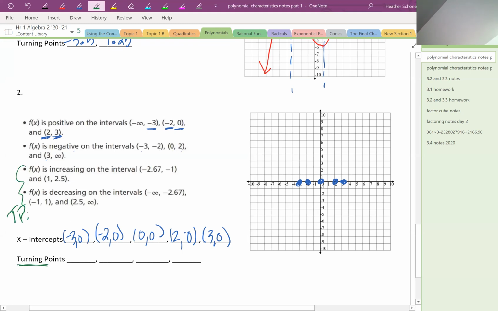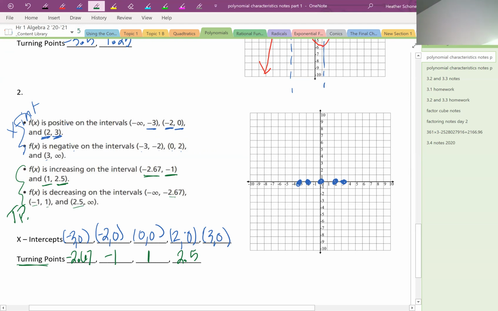So these are the turning points. These are the x-intercepts. Okay, so my turning points, I'm going to read them in order, would be -2.67, -1, 1, and 2.5. If I read them off the other one, it'd be negative 2.67, negative 1, 1, 2.5. Same number, doesn't matter.